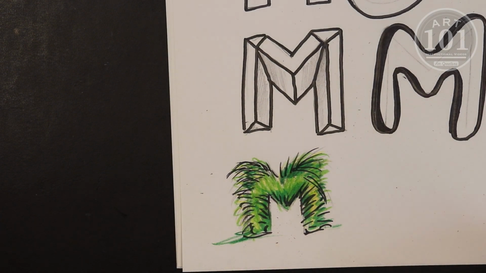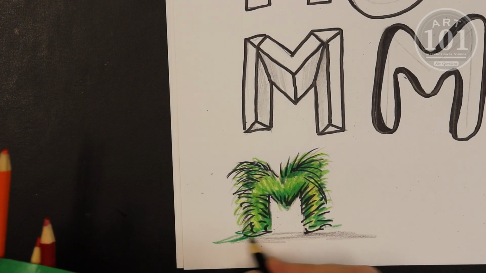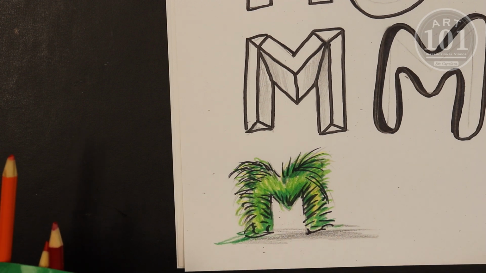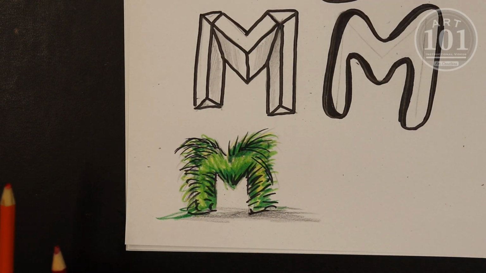And we could add a little shadow down here on the ground. It's called a cast shadow. And so almost like it's planted in the ground and growing, and growing the letter M.